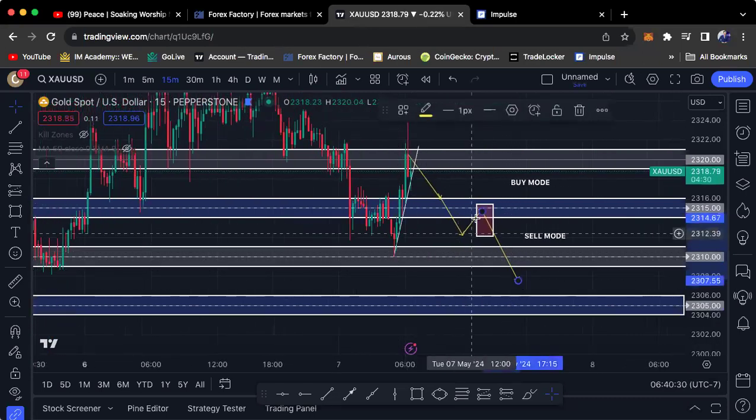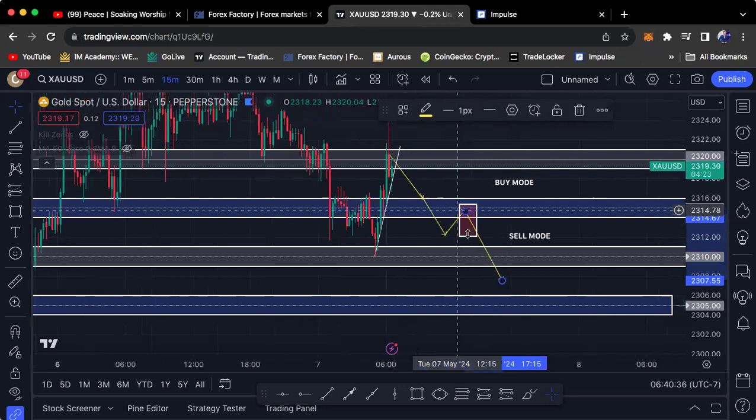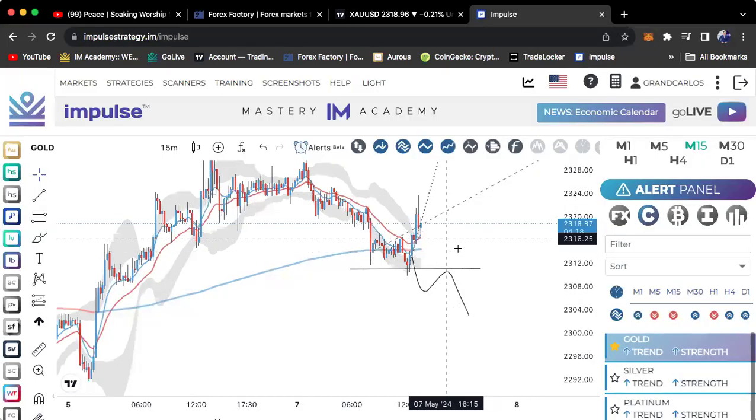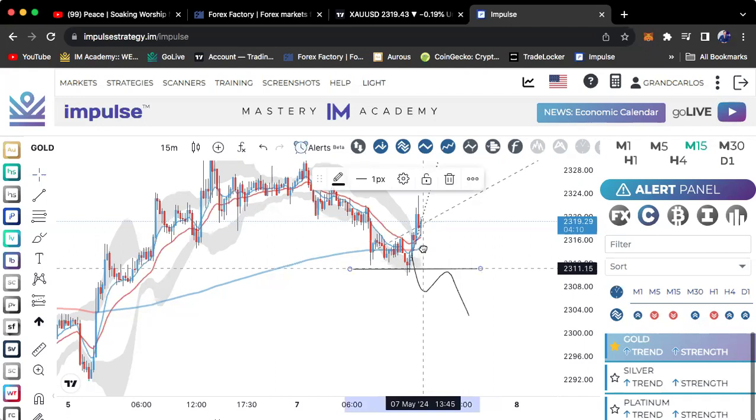Boom. There's two chances to take this sell. You can wait until it breaks below 23.15 and gives you a red confirmation candle, a confirmation that it crosses below 23.15, which is right here, right?